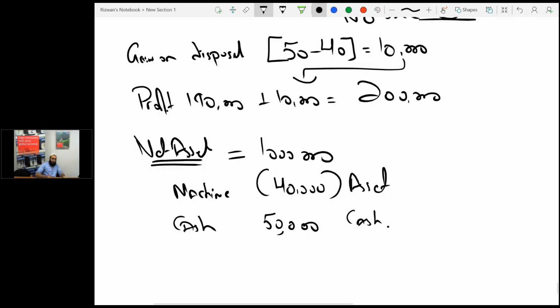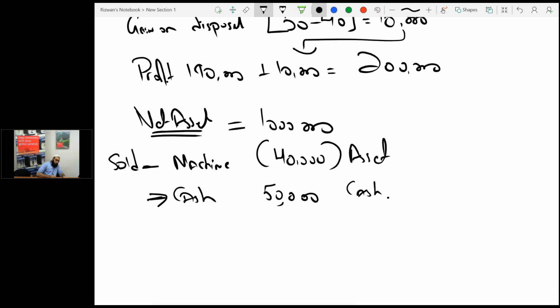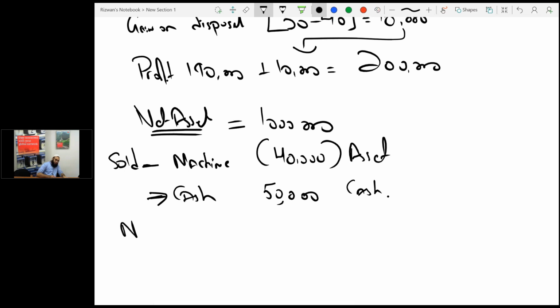Got it? Because you sold the machinery and you got cash. So minus 40 plus 50 for cash. So you bought new machinery. Your asset increased by how much? 250,000.